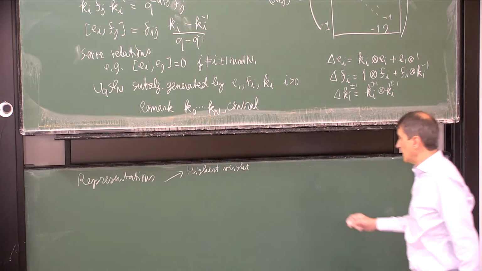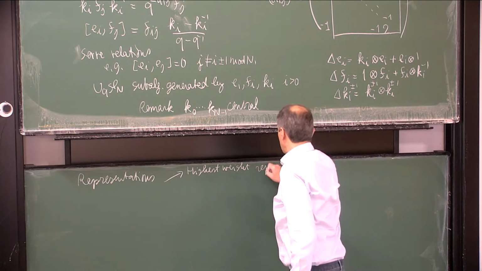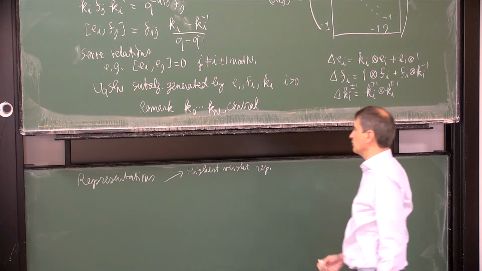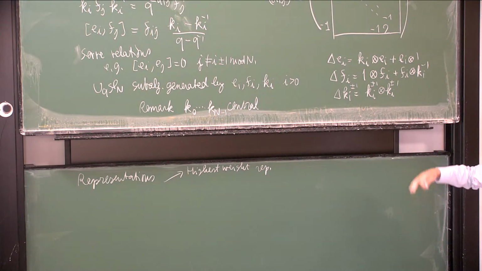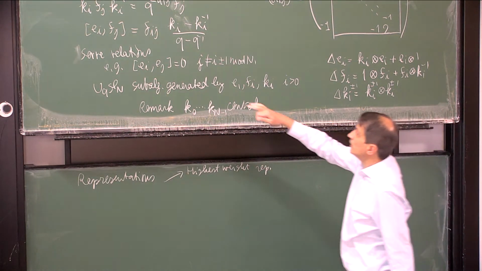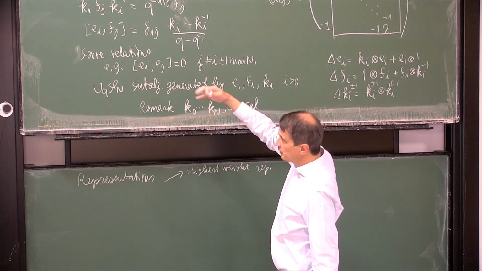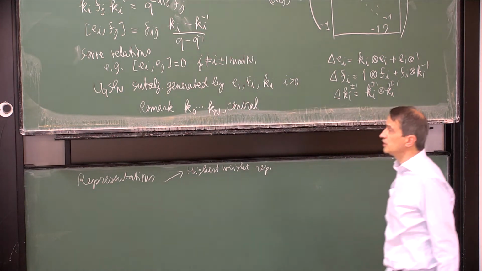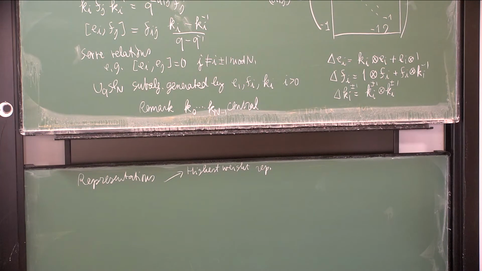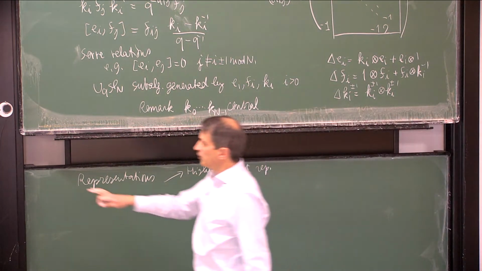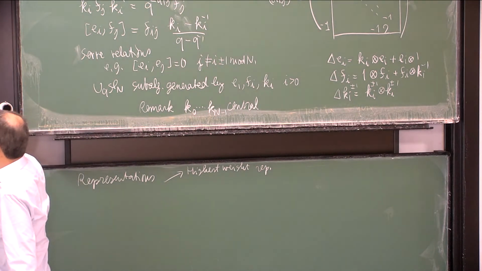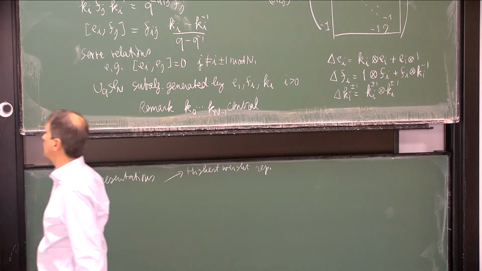Okay, so you have highest weight representations of the type that would be killed by the E_i. So it would be generated by a vector which is killed by the E_i, and for those these kinds of expressions make sense because you have E's on one side.